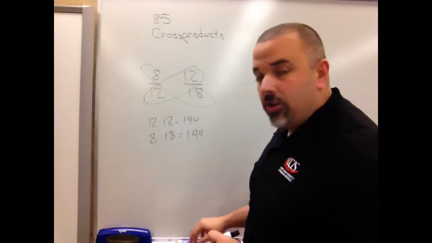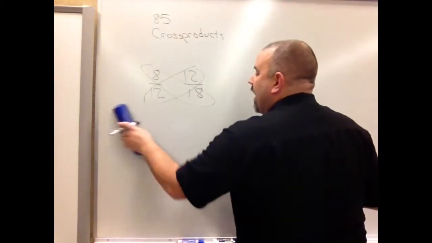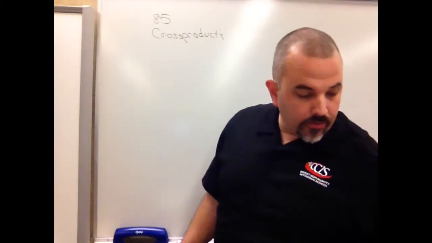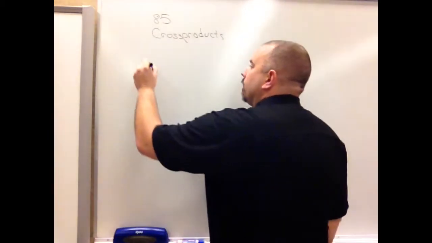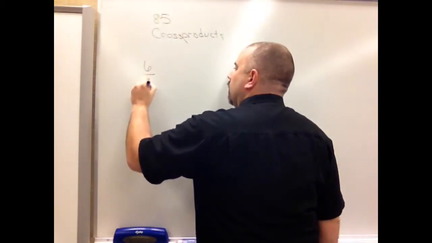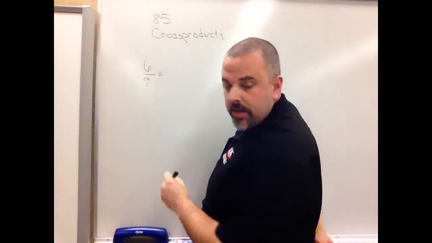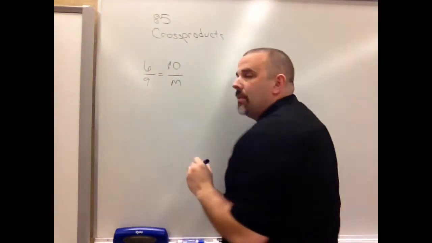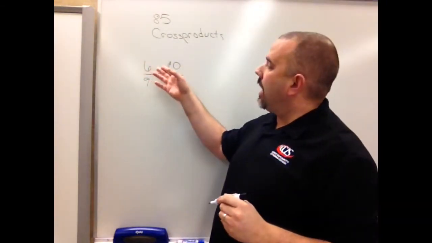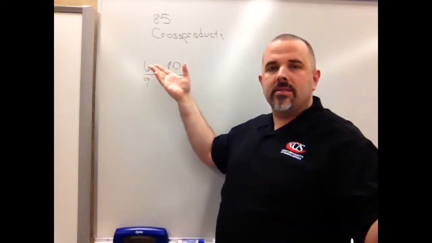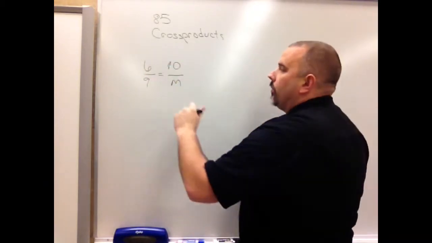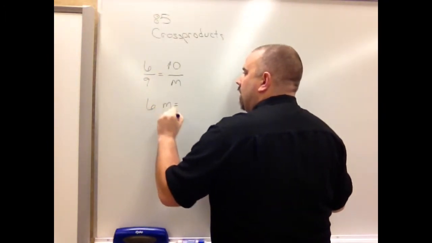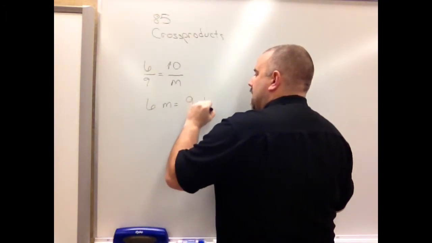The other thing we can do with this particular method is, if we have an unknown number in a fraction, and that example is on page 443, we have 6 over 9 is equal to 10 over m. Now in the past, what we've done is say, how many 6's are in 10? Well, in this case, 6 doesn't go into 10 evenly. What we do say is we have 6 times m should be equal to 9 times 10.